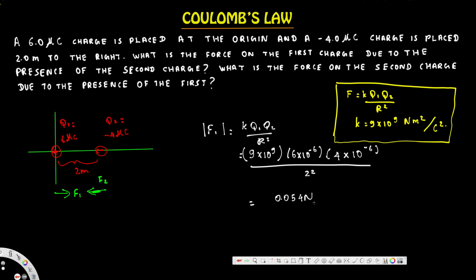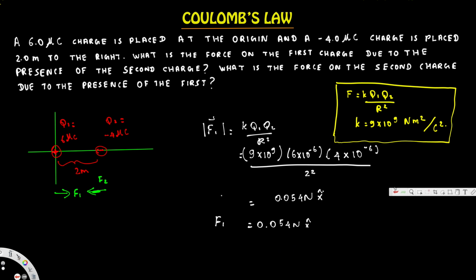0.054 Newton in the x direction. Okay, now for the first one it's going to be positive. So F1 is equal to 0.054 Newton in the x direction, because you can see the force is in the positive x direction.